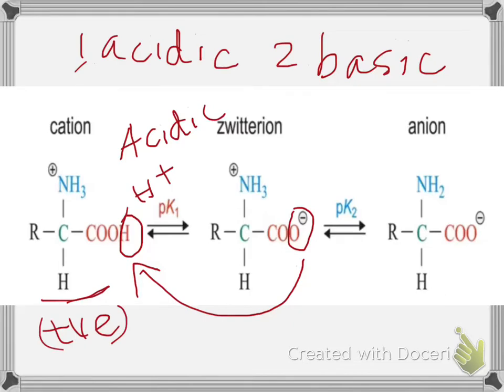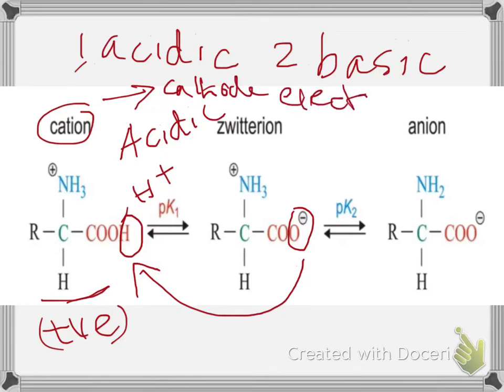So it becomes a cation. So when we are doing the electrophoresis, this cation moves to the cathode electrode, the negatively charged cathode electrode.